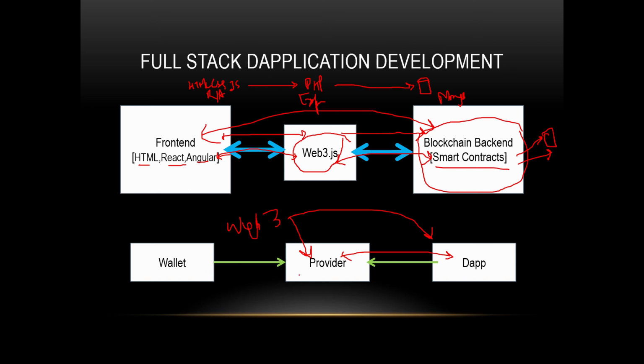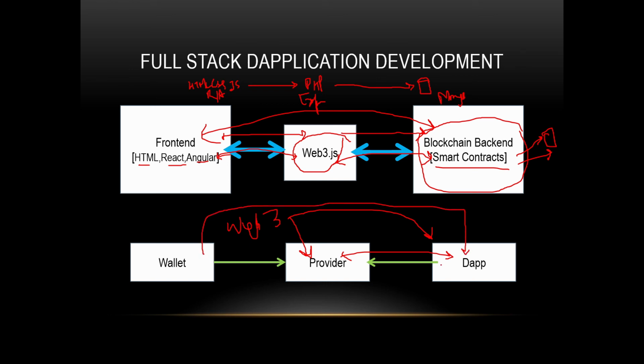And this provider interacts with the wallet because, as you know, anything and everything on the Ethereum network or on the blockchain needs gas to be accomplished. The computation requires gas, so for the gas you have to pay something. This payment directly comes from the wallet.